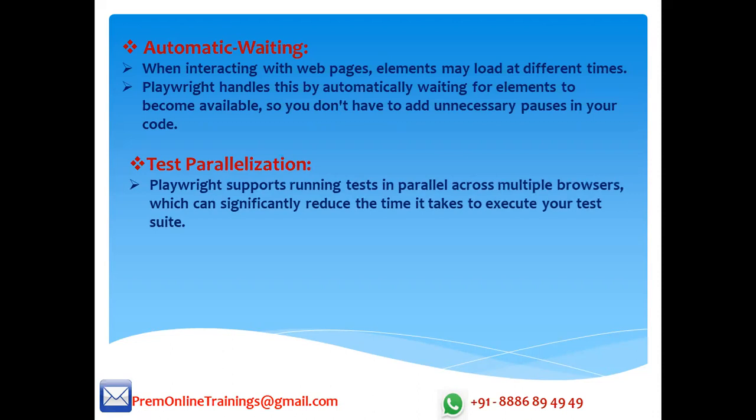Let's say you have a huge number of test scripts for execution under the regression. If you try to execute in sequential manner, it will take a lot of time. If you are running in parallel mode, the execution would be much faster and you will get the results sooner compared with the sequential mode.